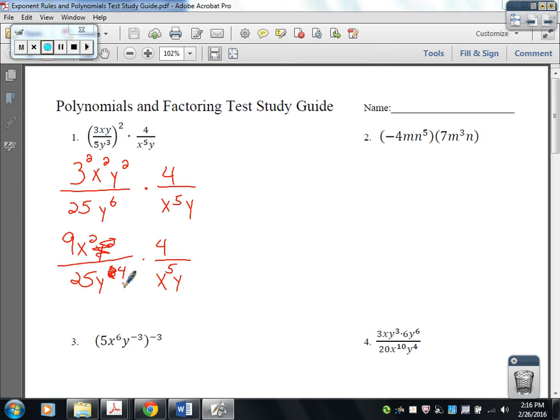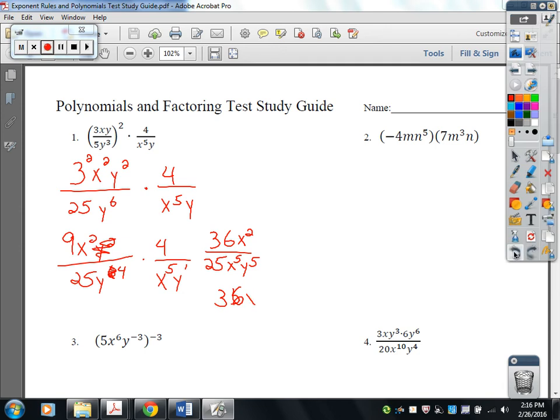And then 9x squared times 4 is 36x squared over 25 x to the 5th y to the 5th, which simplifies down to 36 over 25 x to the 3rd y to the 5th. And that's that.